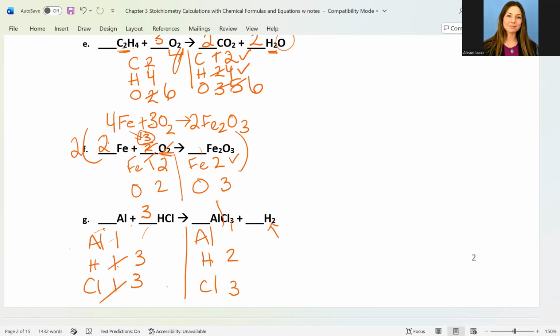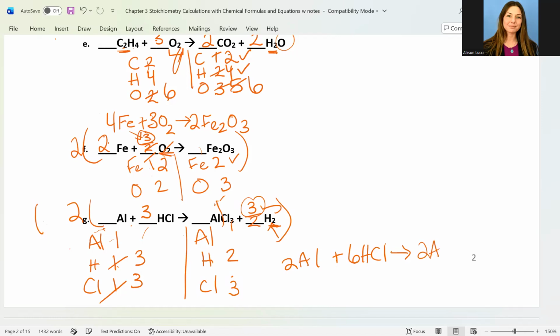Or rather, what I can do is the half fraction trick here. I need an odd number of an even-numbered molecule here. So I go back and multiply everything by 2 now. So my balanced final coefficients would look like this. I'm going to have 2Al plus 6HCl because I've doubled everything.